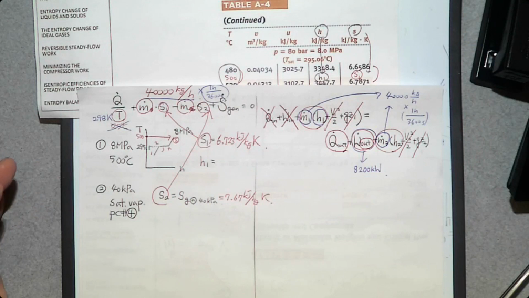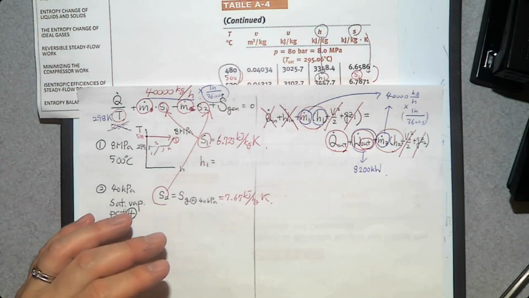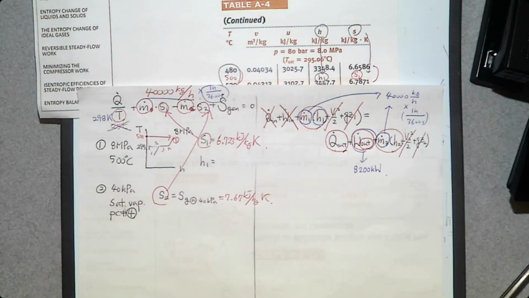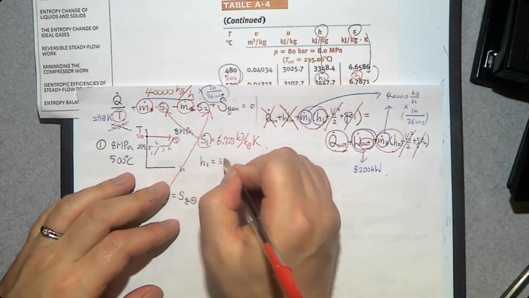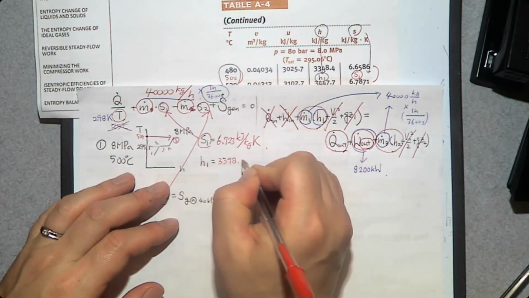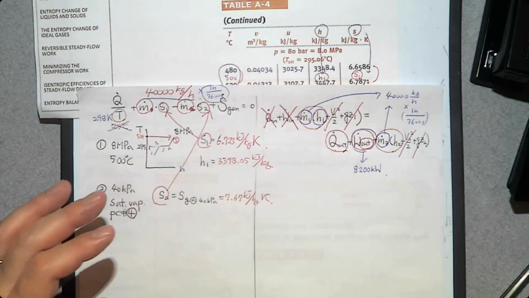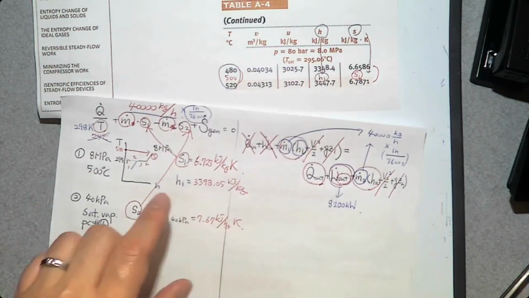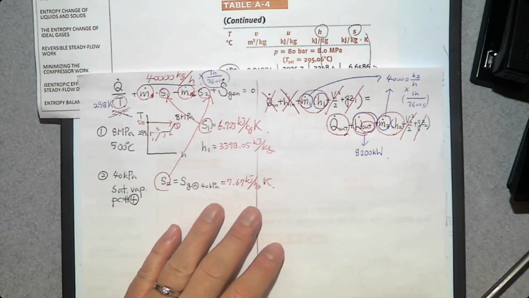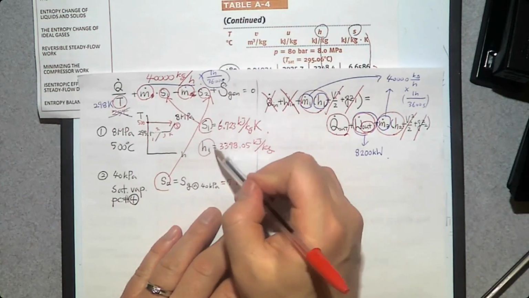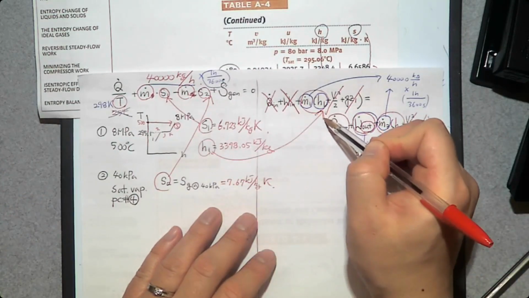Another linear interpolation. Not very happy, but you need to do that. And I did it. 3,398.05 kilojoule per kilogram. So we got H1. This one goes in here.